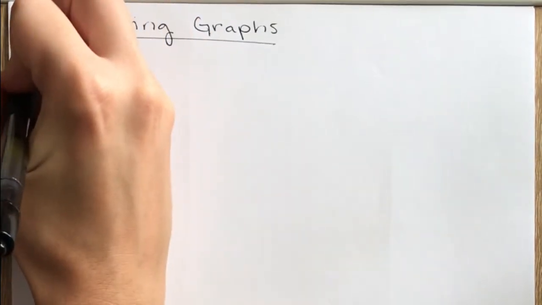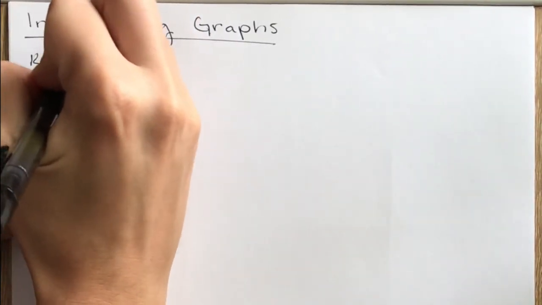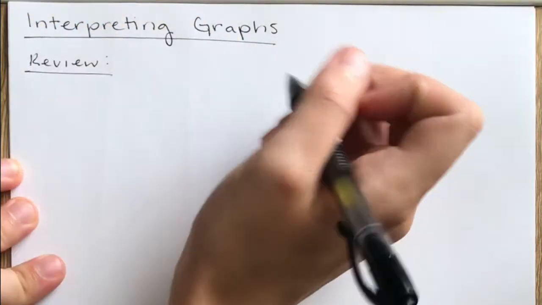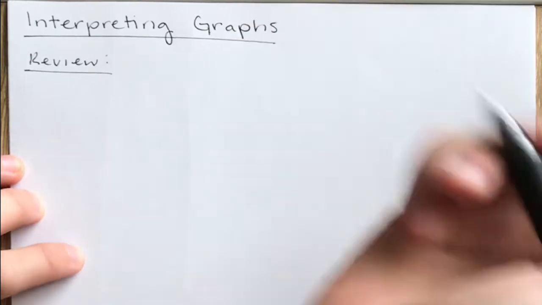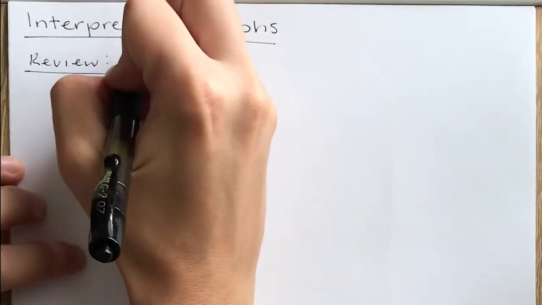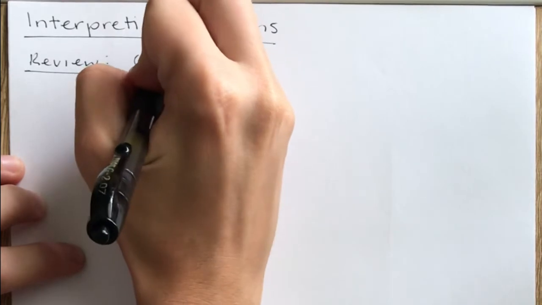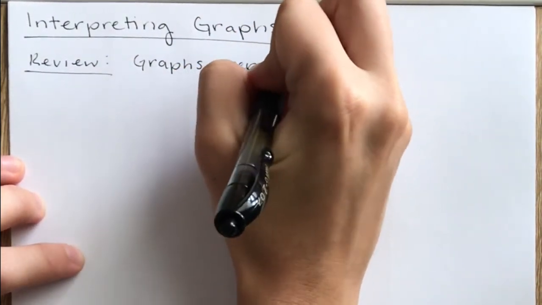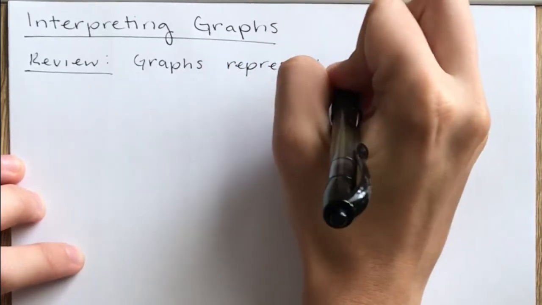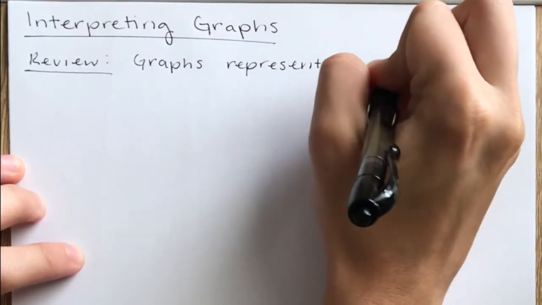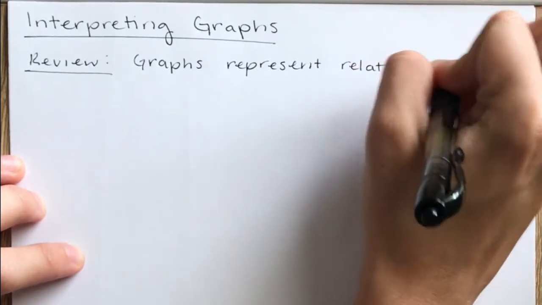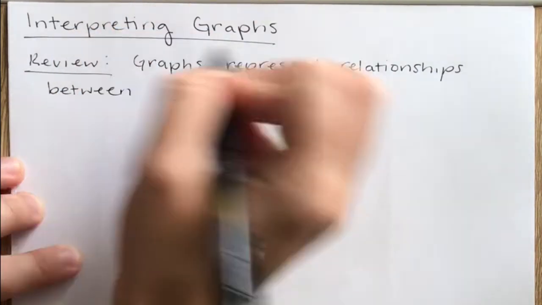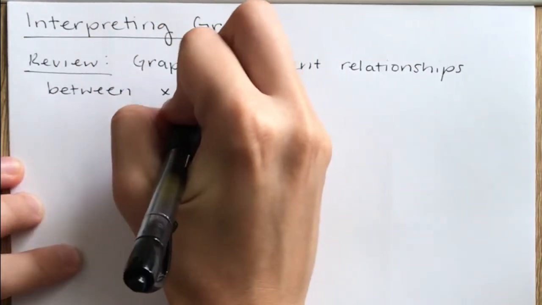Alright, so as a quick review from our last video on graphing by point plotting, we talked about how graphs can represent relationships between x and y.